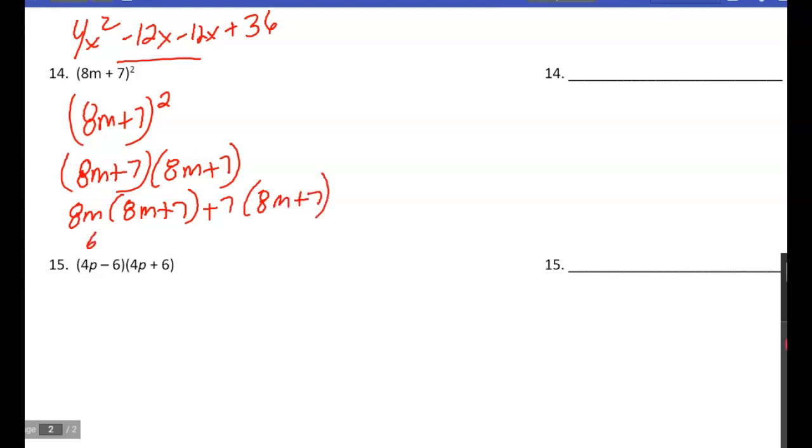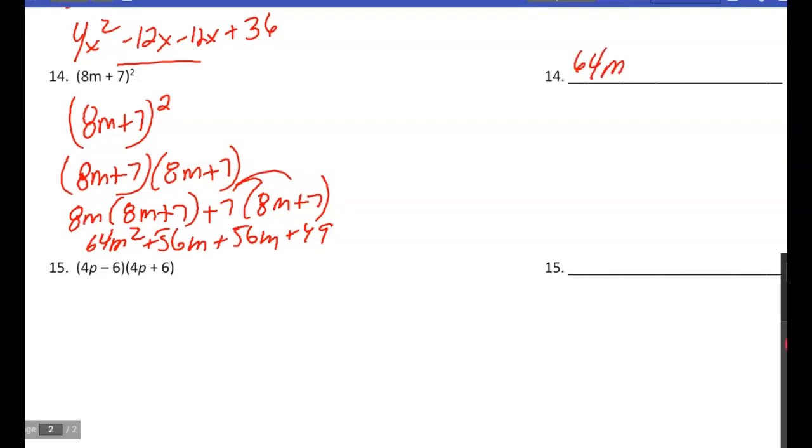So 8 times 8 is 64m squared plus 56m. 7 times 8 here. Again, 56m. 7 times 7 here is 49. My 56s combine to get 112. And 49.